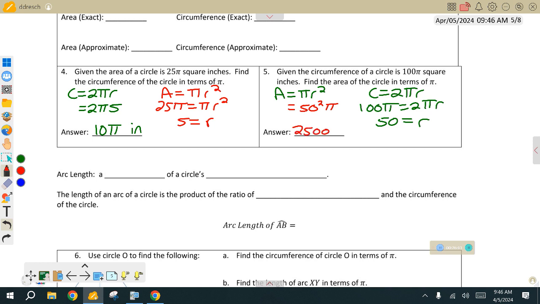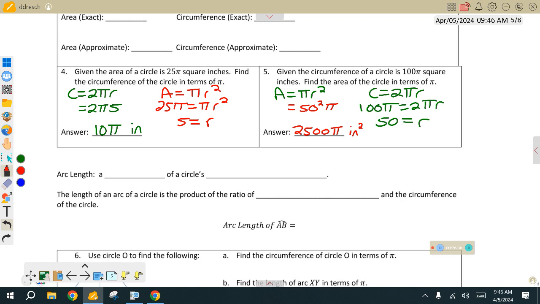Right, 2,500, and then we tack on the pi. Units are inches, but squared, right? Because area is 2 dimensions. Area is everything on the inside of that circle. So this is like if you're trying to paint the inside of the circle. That's 2 dimensions. 2,500 pi square inches.